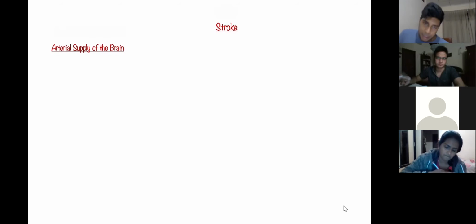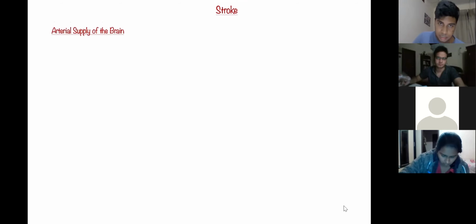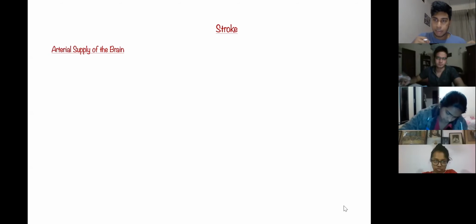Most of you don't realize this, but the arterial supply of the brain, the circle of Willis, floats in the subarachnoid space.